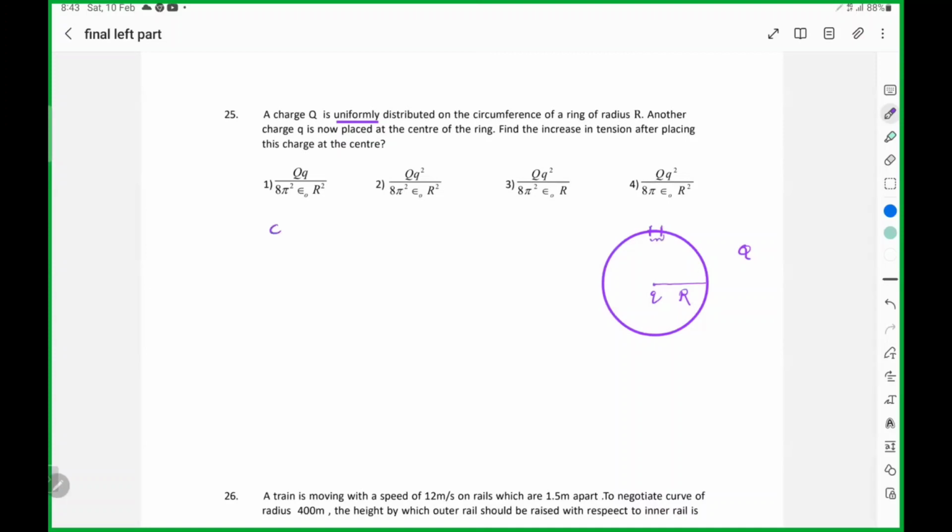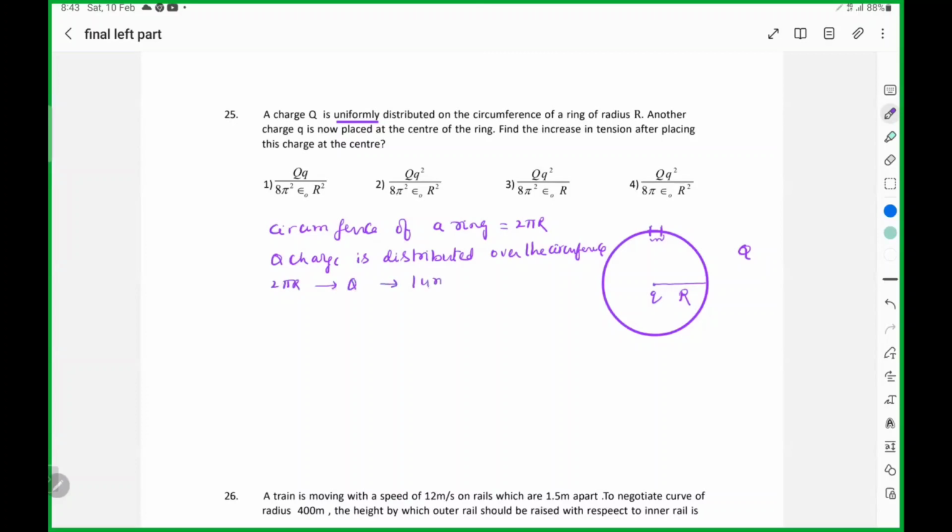The circumference of a ring is 2 pi r. So for 2 pi r length, Q charge is distributed.